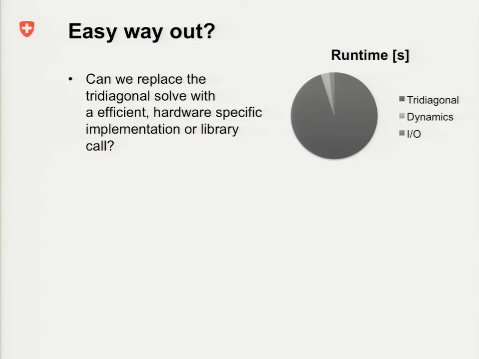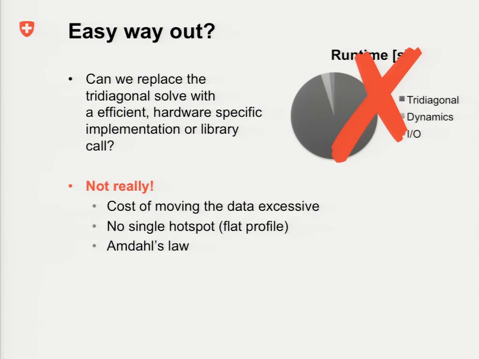The prerequisite for that would be that my runtime profile looks like this, that all of this is tridiagonal solves, the rest is a bit of dynamics and I/O, and I can replace this with a library call. And the answer is, well, this is not really the case. The cost of moving the data into the library is excessive. It's not worthwhile copying your data into the format which is accepted by the library.